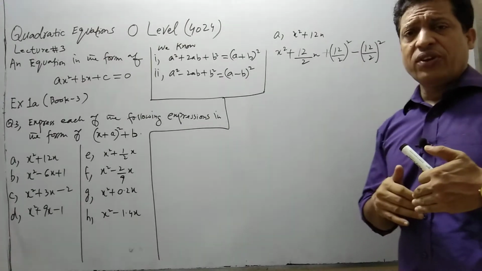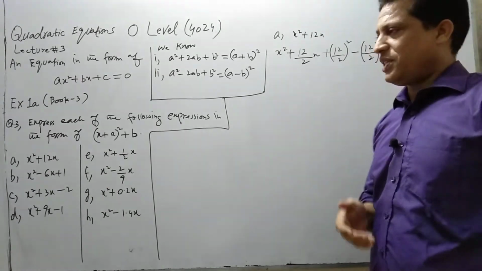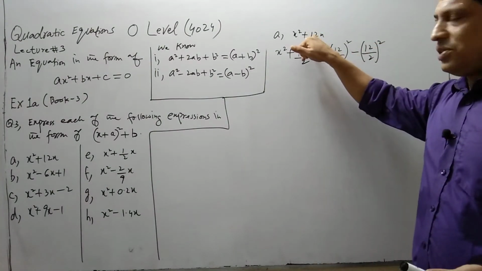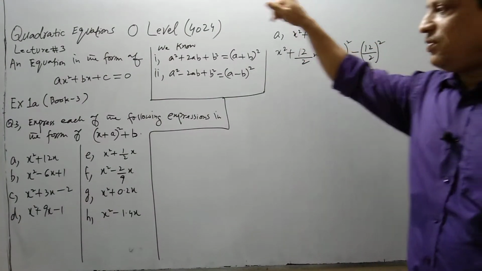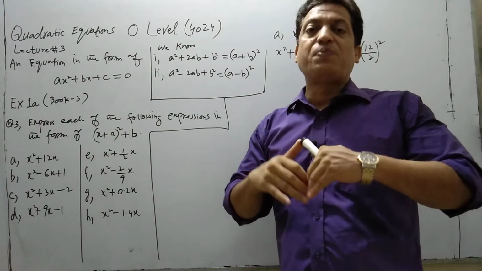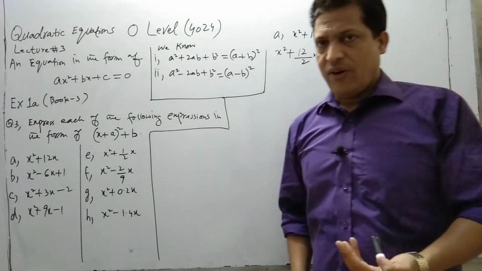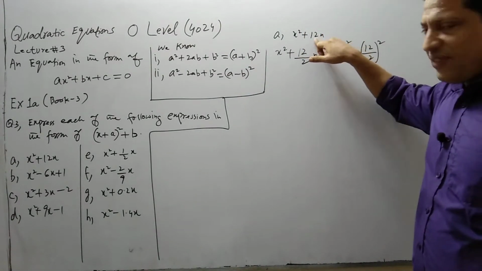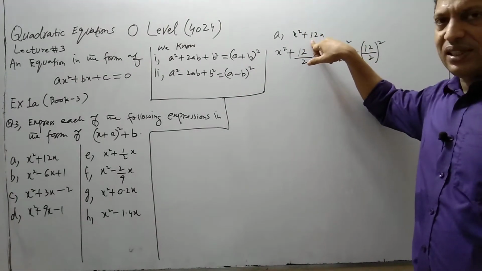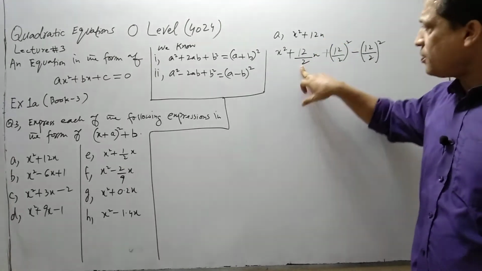Okay, for your comfort I repeat all the steps again. In any question which we have to convert into (a plus b) whole square form or (a minus b) whole square form, we divide the coefficient of x by 2.